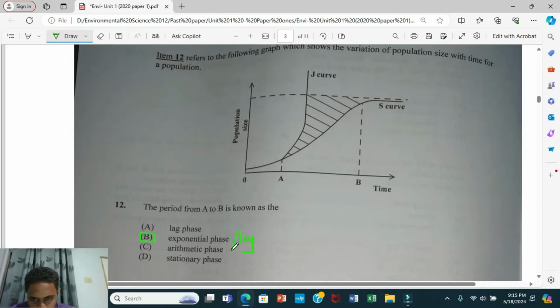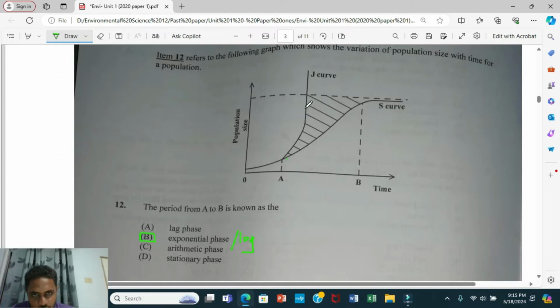So exponential or log phase means the phase in which the population is growing, right? So this is the phase in which it is growing over a period of time. It's increasing. Now, the J curve is showing you that the growth is very rapid.